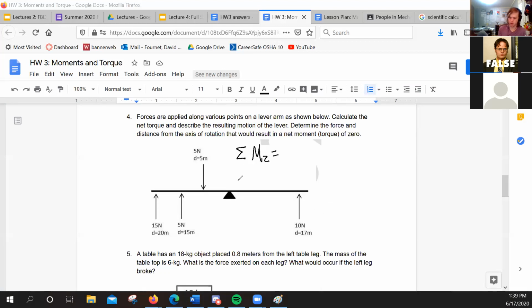Yeah. The left side is going to be positive numbers because, if it's pointing down, it's going to cause a counterclockwise rotation. If it's pointing up, it's going to cause a clockwise rotation, right? Usually you want to put your positives first and then your negatives after that, but it doesn't really matter which you do first, as long as you do them all.